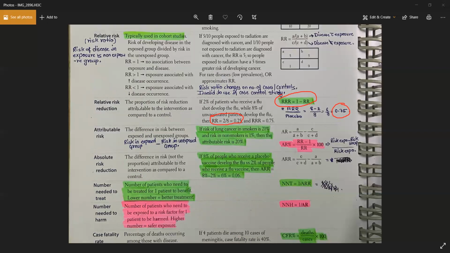If you go with the name, the relative risk reduction means the absolute risk reduction divided by the risk in the non-exposed group. And if you want to go for the FA formula, then the relative risk reduction equals 1 minus the RR.